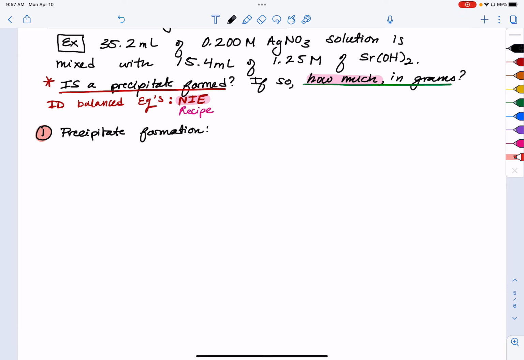All right, so I need to look for what is being reacted. I have silver nitrate and strontium hydroxide. So silver nitrate solution that is reacted with strontium hydroxide solution.